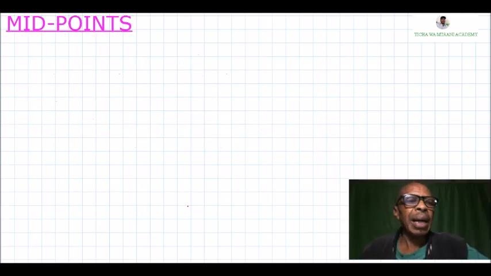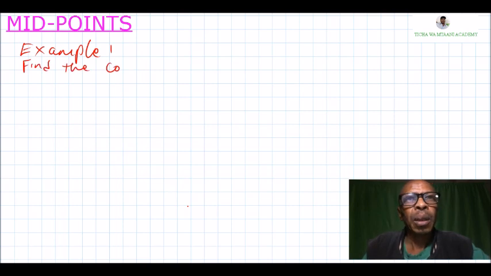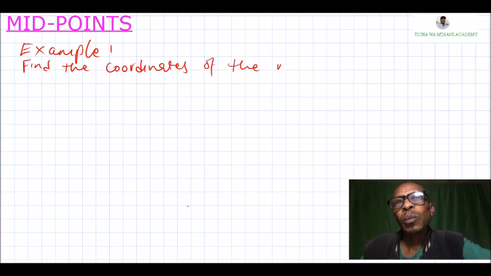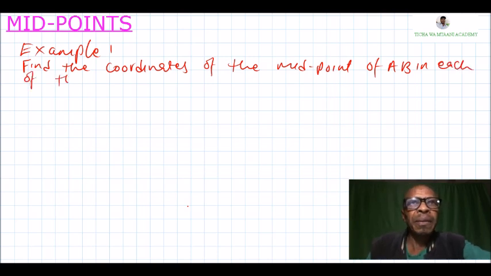From there, we look at an example. Find the coordinates of the midpoint of AB in each of the following cases.